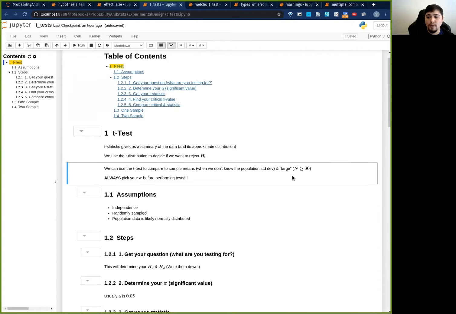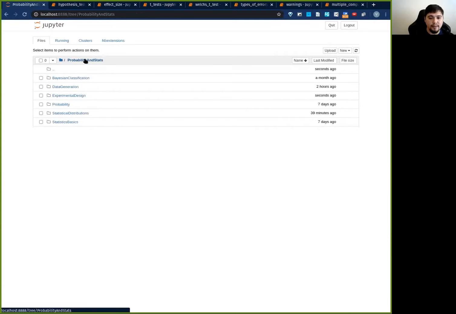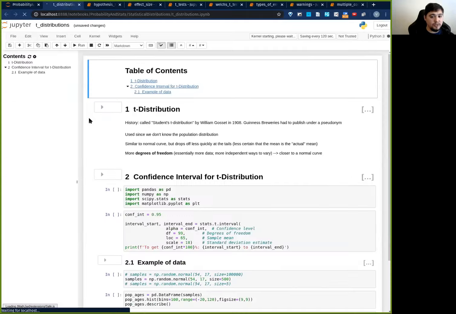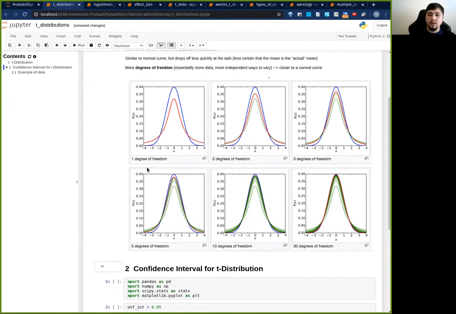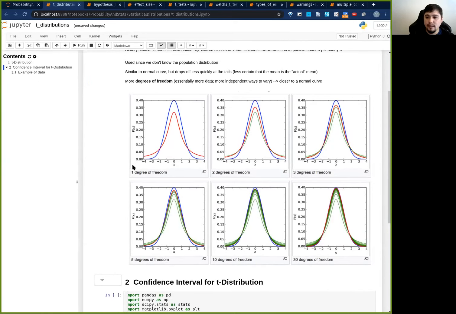One other thing I wanted to show you is the difference between the t-distribution and the normal distribution. I'm not going to go through this whole diagram. In blue is the actual normal distribution.